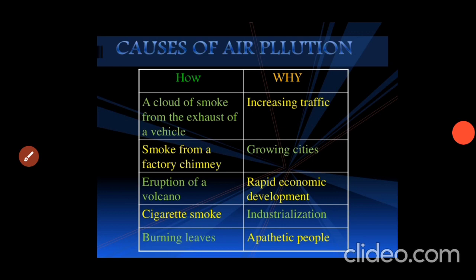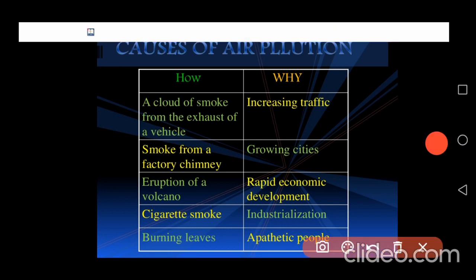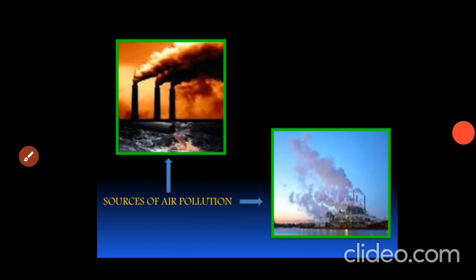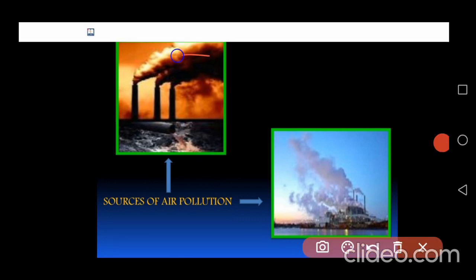Next, the second very important cause of air pollution is smoke from a factory chimney, because of the growing cities. I will show you one picture here. You see that some industries, oil refining industries, are there.